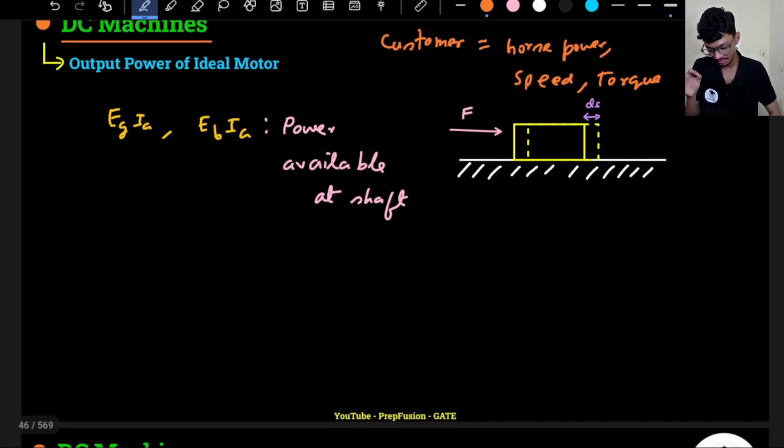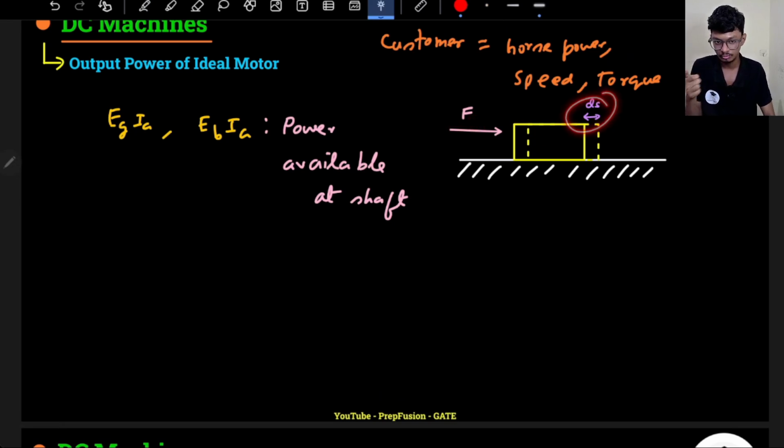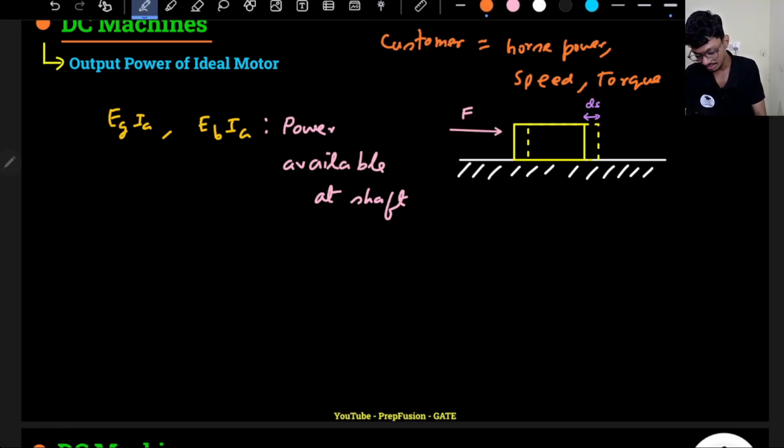Very basic thing: if I have a block and I apply a force, and due to that force it moves by a distance ds, the small amount of work done, delta w, is F dot ds. We have been studying this since class 11th.